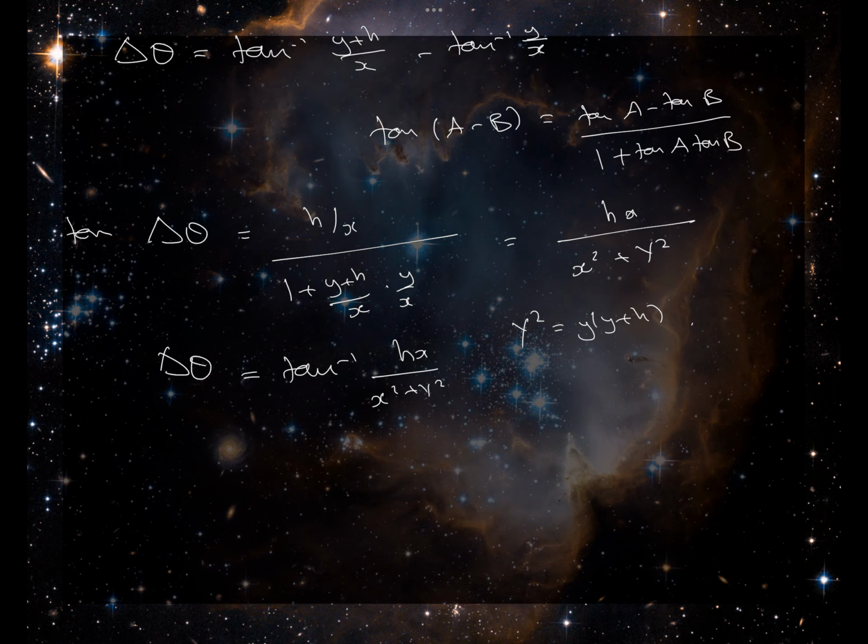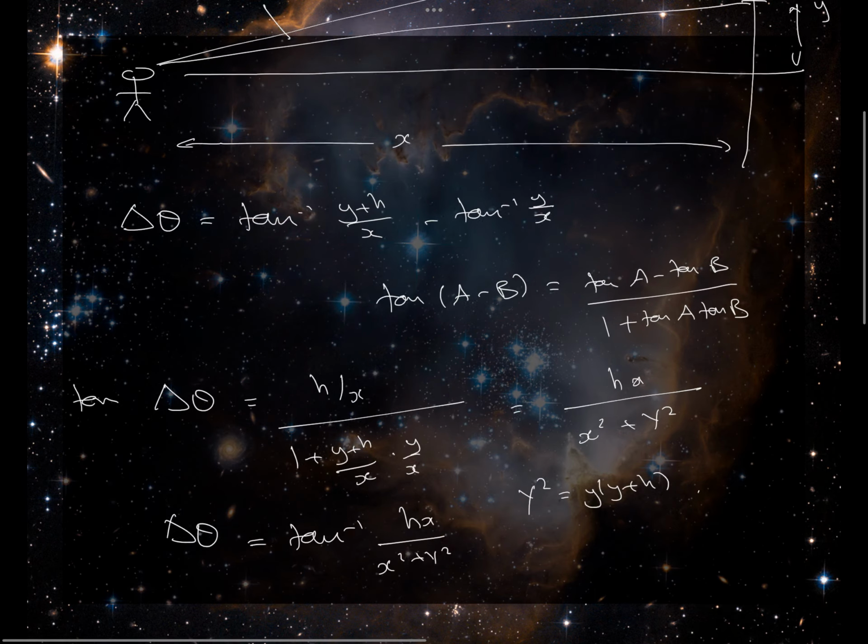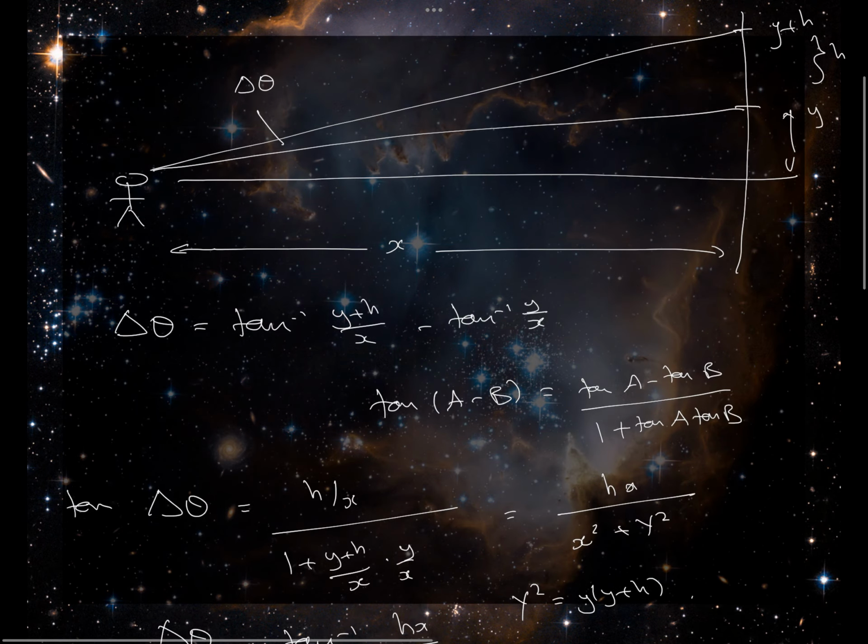Let's just notice that this formula means that as you move away from the building, there comes a point at which the angle subtended reaches a maximum value. If you're very close to the building, that angle is very small, and if you're very far away, it is also very small.